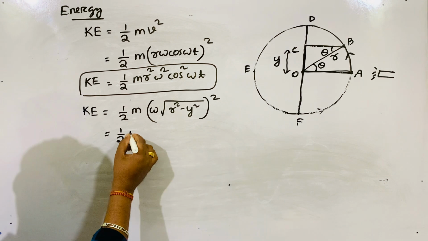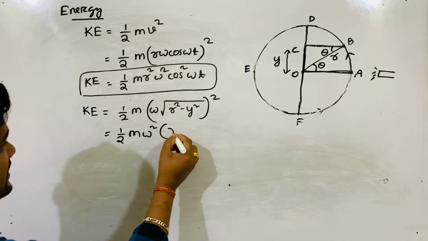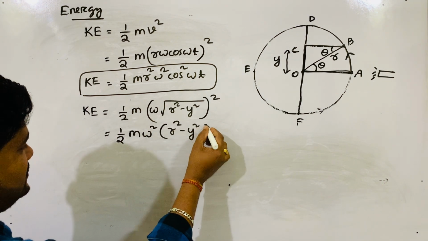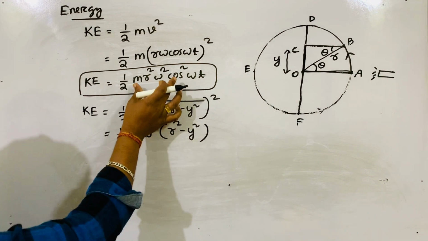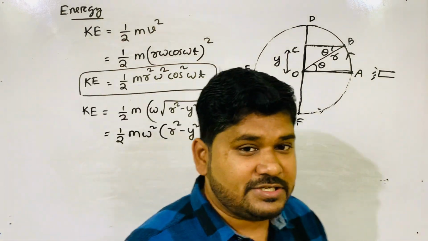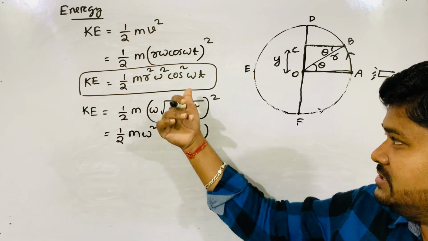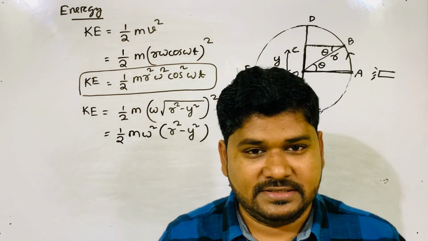So half m omega square, then r square minus y square. This is also kinetic energy. One is in terms of displacement, one is in terms of omega t.